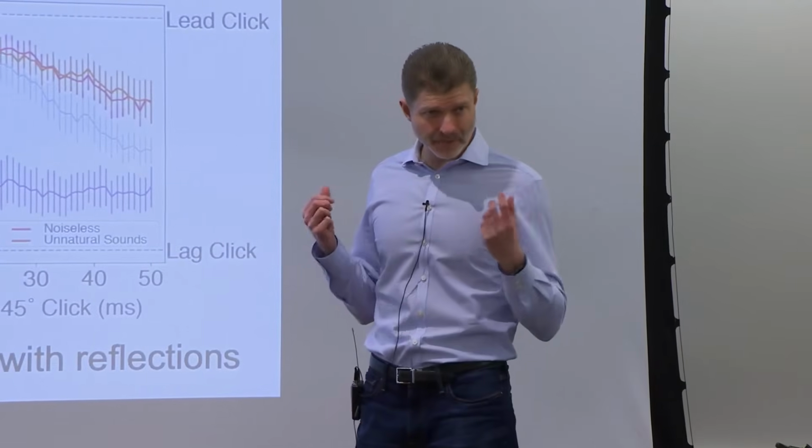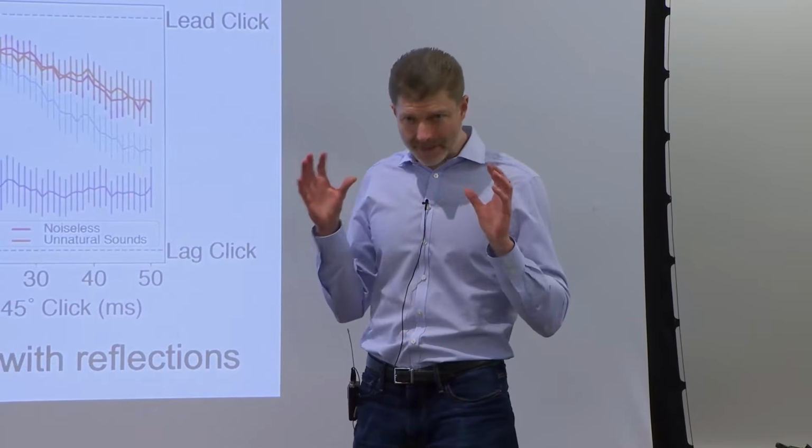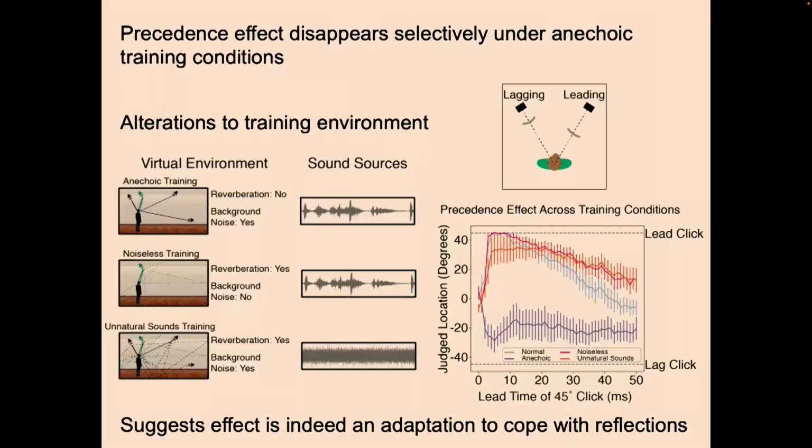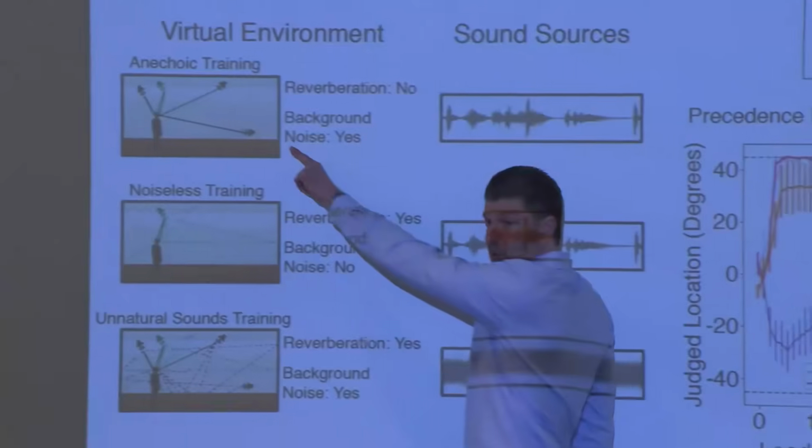But the other thing that we can do with a model like this is we can ask, well, how would the model behave if it had evolved and developed in a different kind of world? Okay? And in particular, because this model was trained in a simulator, we can mess with the simulator to make it deviate from the natural world in different ways. All right? So we can train the model in anechoic conditions.